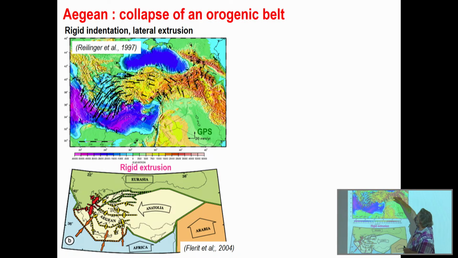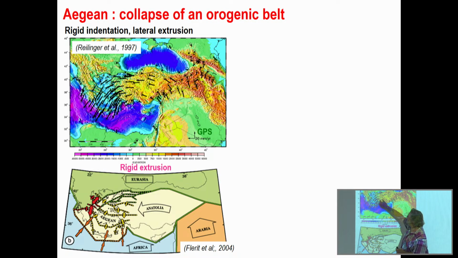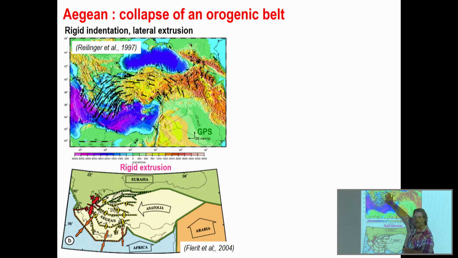The norm of the vector decreases passing the topographic front, which means shortening in the horizontal direction, thickening in the vertical direction. And here, the norm of the vector, when it passes from the Anatolian plateau, there's another plateau here, an orogenic plateau, goes from small to very big.